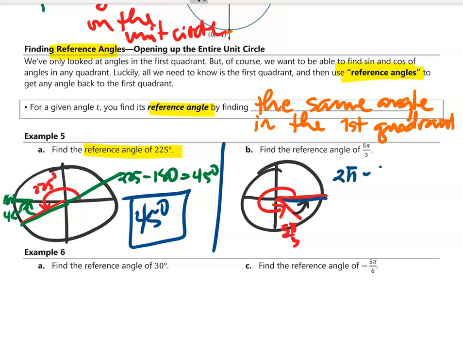So 2 pi minus 5 pi over 3. 3 times 2 is 6, minus 5. 6 minus 5 is pi over 3. So this is pi over 3, and this is the reference angle, which is pi over 3.